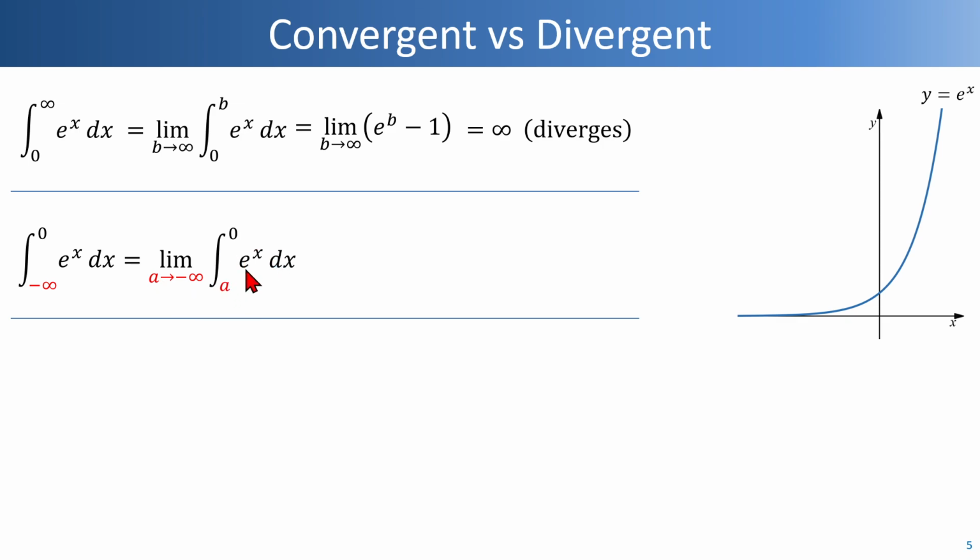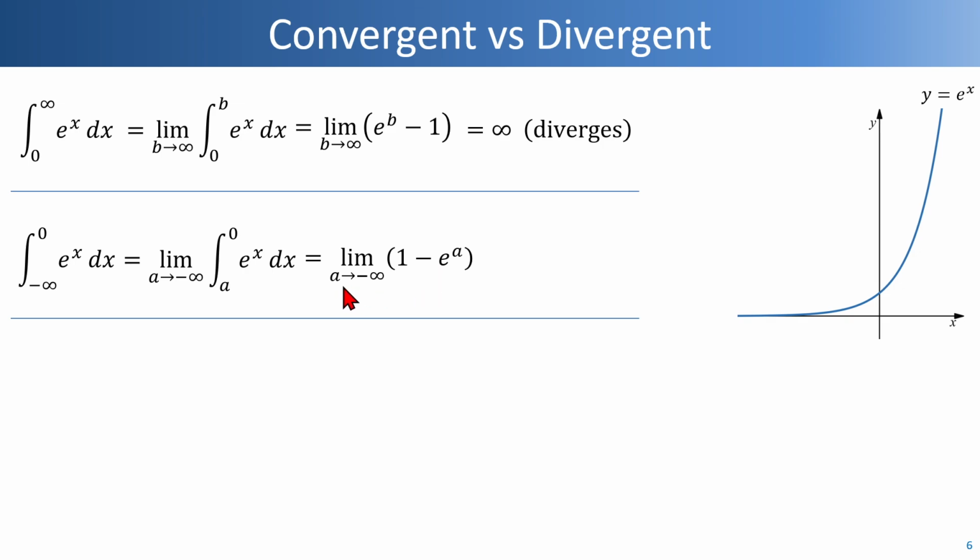Anyway, we now need to evaluate the definite integral from a to 0 of e to the x. After I evaluate that, we're going to use the fundamental theorem of calculus again. e to the power 0 is 1 minus e to the power a.